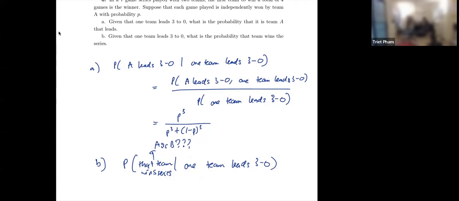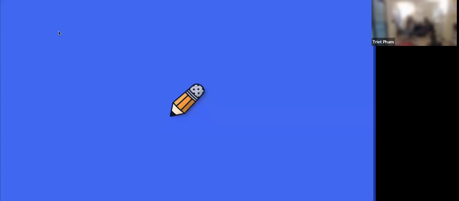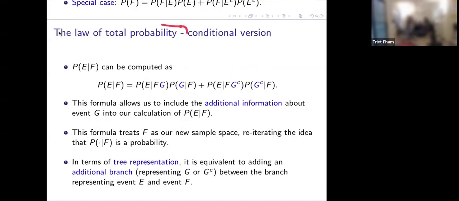And again, just to point out, this is exactly why the law of total probability, conditional version, is relevant, because we are calculating a conditional probability here, and by itself it is ambiguous, so it's hard to resolve.